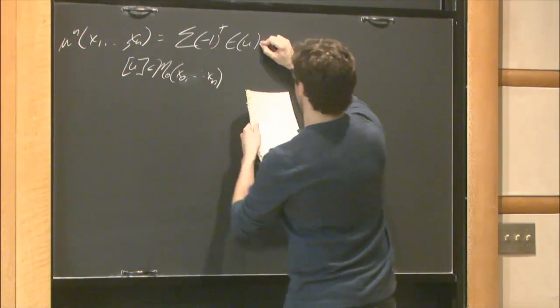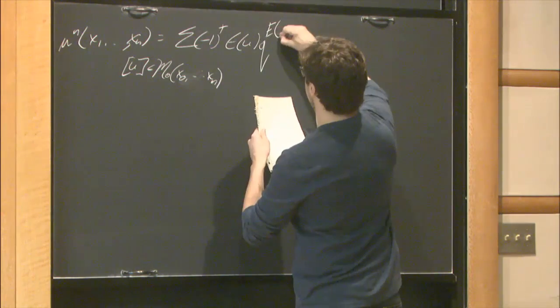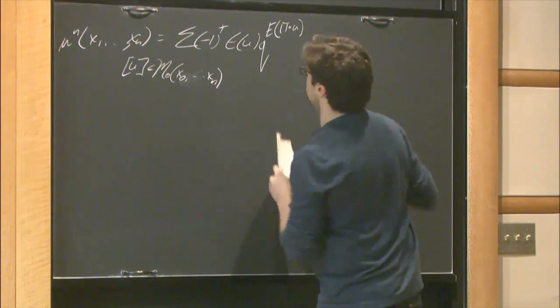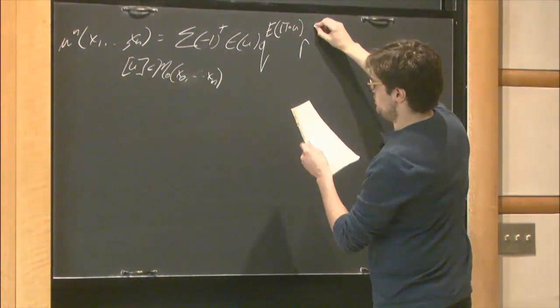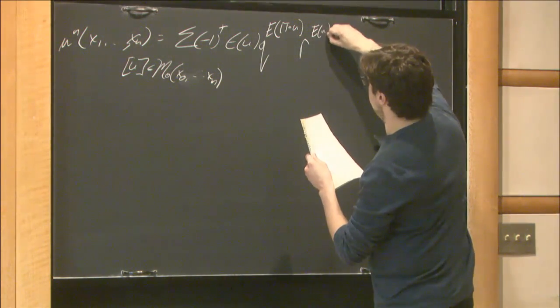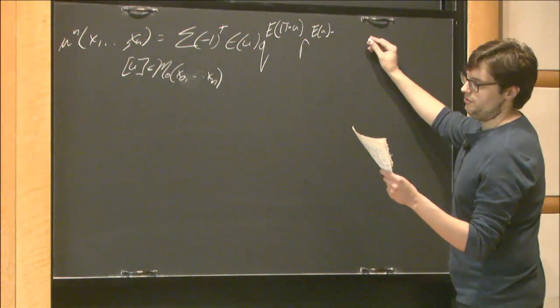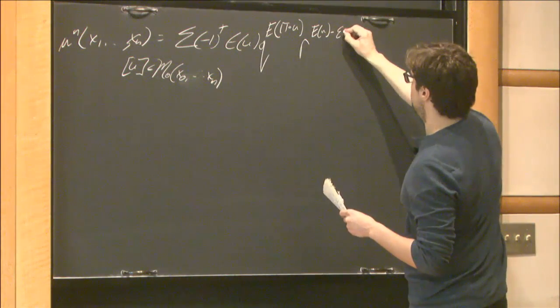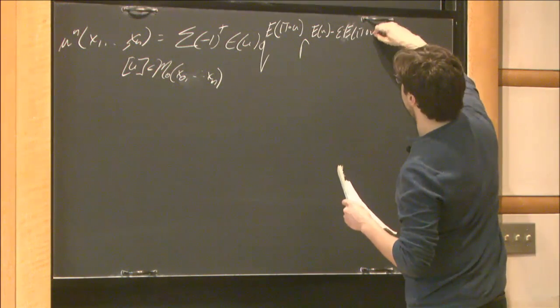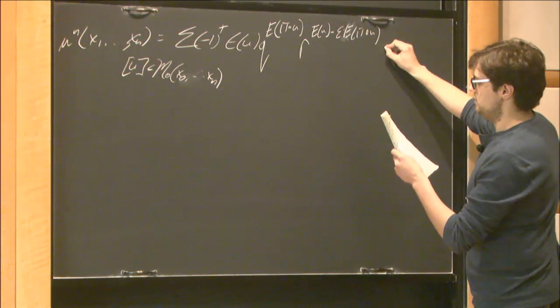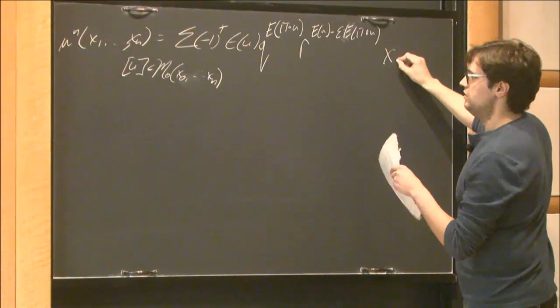And then you have to keep track of energy, so let's keep track of the energy when I project down to the base, and then have some remnants of what the fiber energy is. So this is going to be total energy minus maybe some epsilon times the energy of pi composed with u, times x naught, the output.